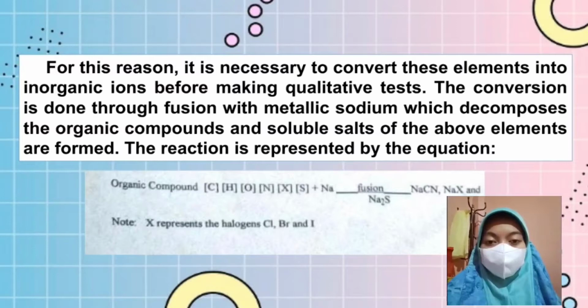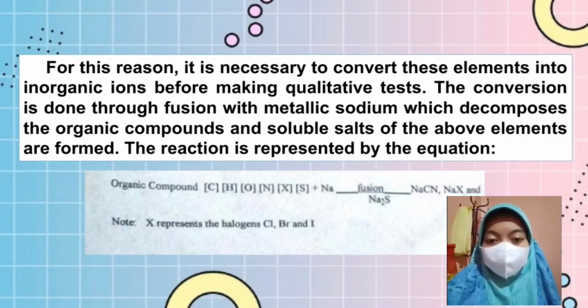The reaction is represented by the equation: organic compound (C, H, O, N, X, S) plus sodium, fusion, gives NaCN, NaX and Na2S. Note, X represents the halogens Cl, Br, and I.